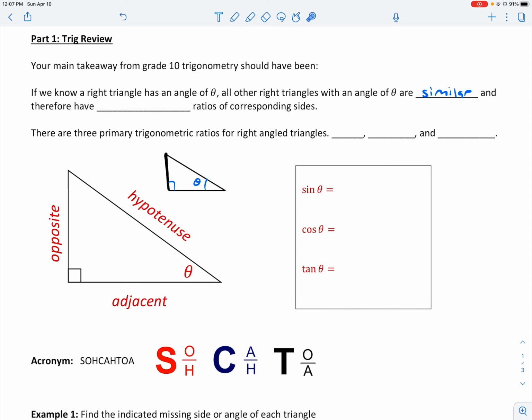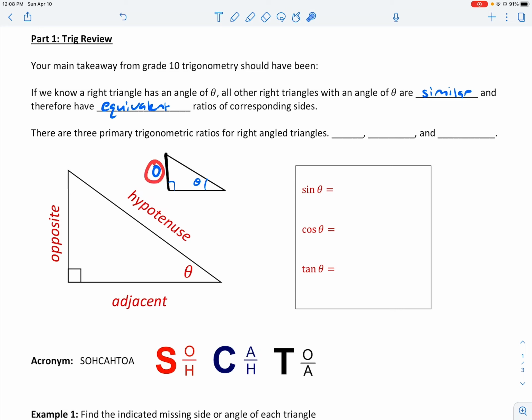So if they have the same angles, then they're going to have equivalent ratios for their corresponding sides. So this side length here, I'm going to call it O for opposite because it's opposite to theta.